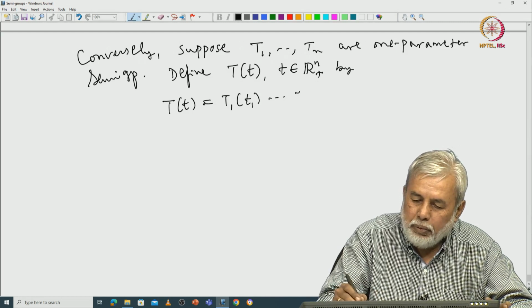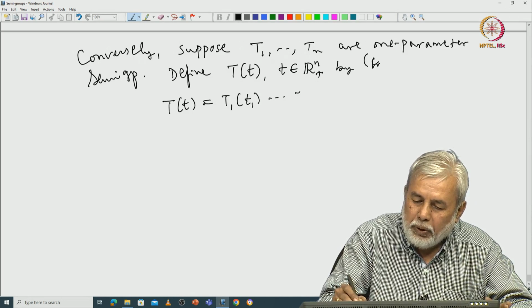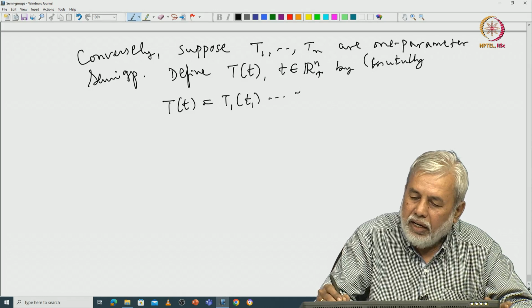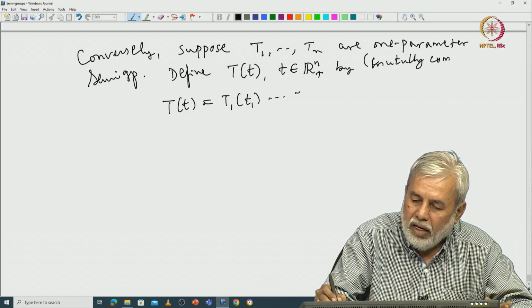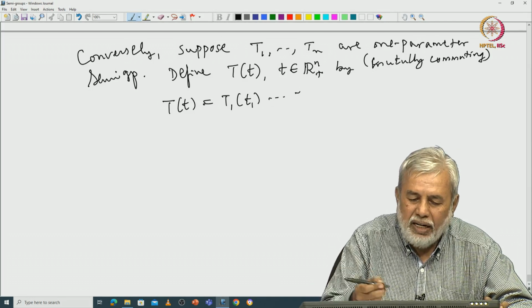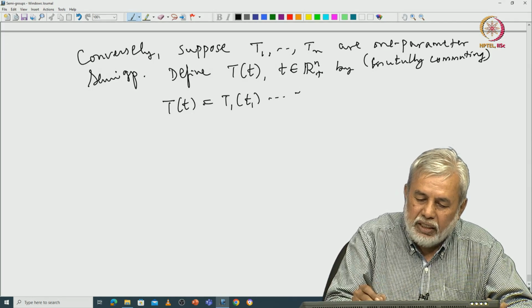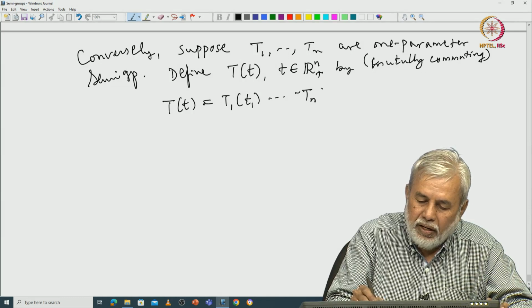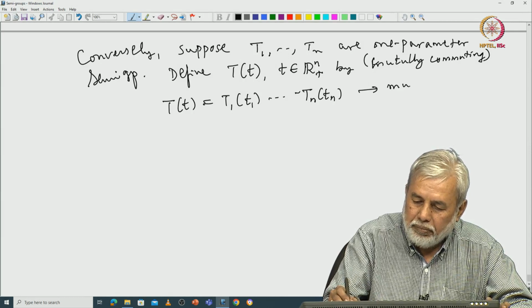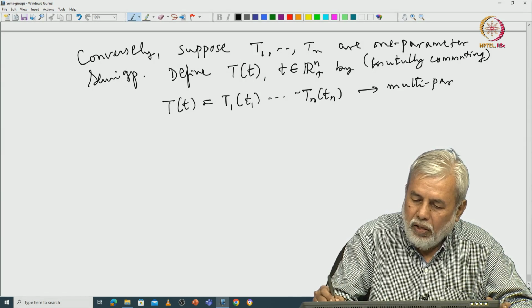Okay, you may assume that they are mutually commuting, so that the order does not matter. In the first case we can prove that, but in the second case you just assume that. And this is a multi-parameter semigroup.